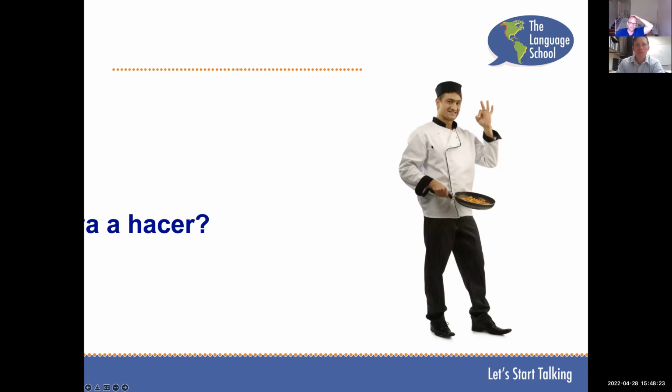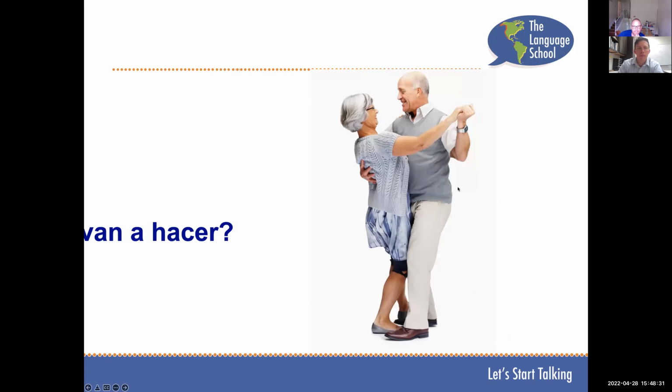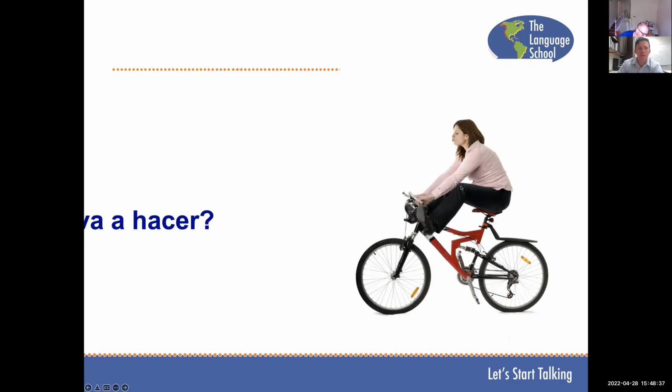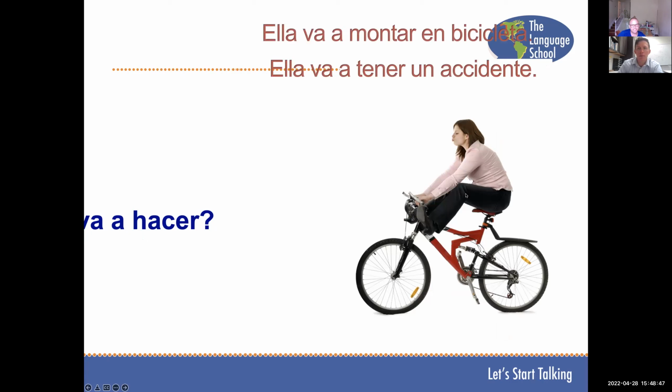¿Qué va a hacer el chef? Él va a cocinar la comida. ¿Qué van a hacer? Van a bailar. ¿Qué va a hacer? Ella va a montar la bicicleta. Y va a tener un accidente.